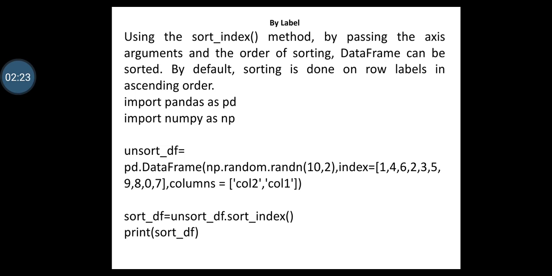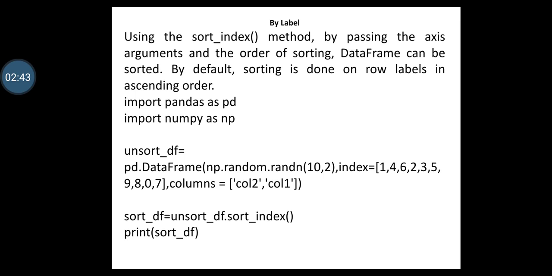So let us import both of the libraries, and unsorted_df is equal to pd.DataFrame and np.random.rand 10 comma 2, with index values defined in a list-like structure, and the columns equal to column 1 and column 2.